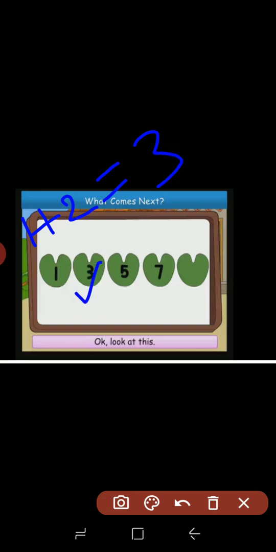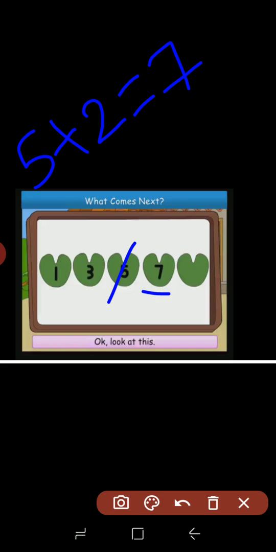Okay, then again 3 plus 2 becomes 5. Here is 5. Then again 5 plus 2 becomes 7. Here is the 7. Now what should we do? 7 plus 2 becomes 9.